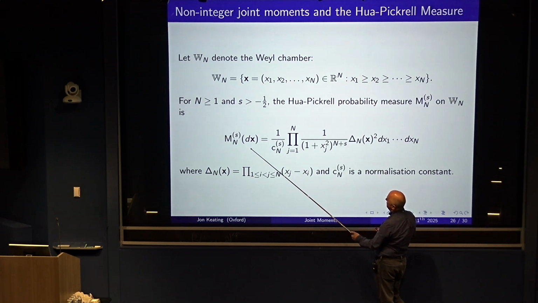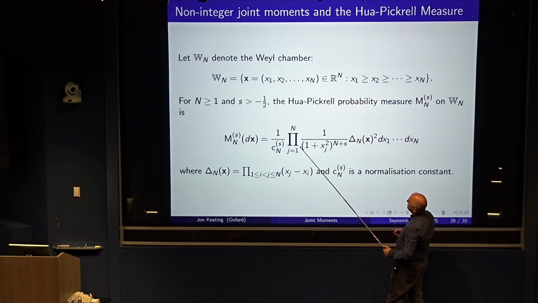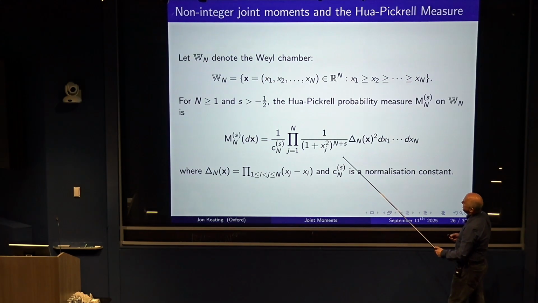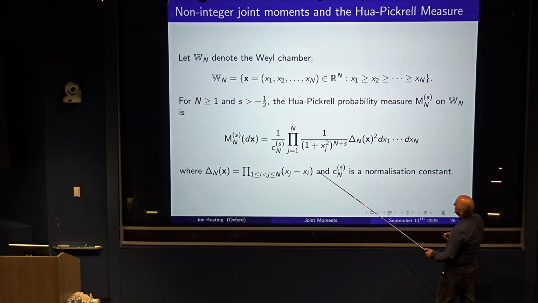So here's the measure. We take these points, which are ordered in this way. We form this product of what looks like a Cauchy distribution on the points. And then we put in the Vandermonde factor, the square of the Vandermonde factor for differences between the points.